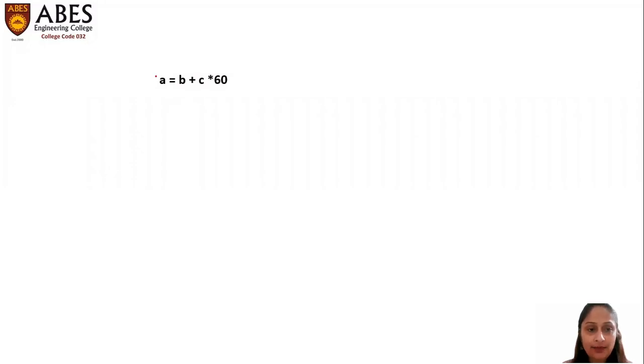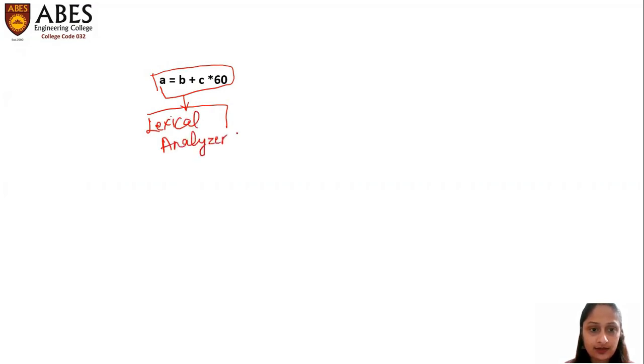Let's take an example of how a sequence of characters is converted into a sequence of tokens. This is a line of source code which comes as an input into the lexical analyzer.